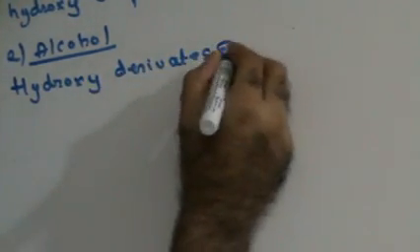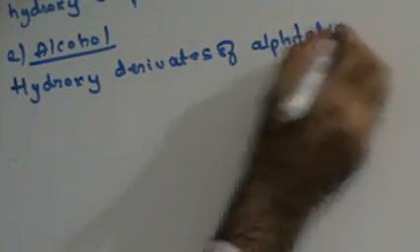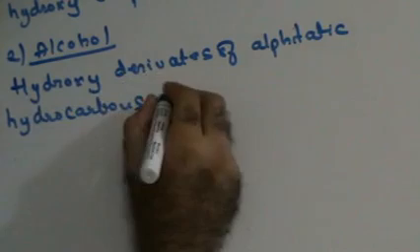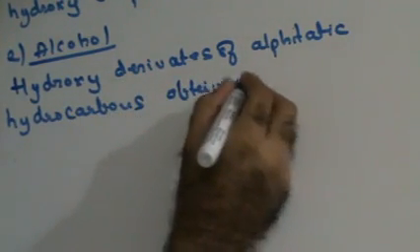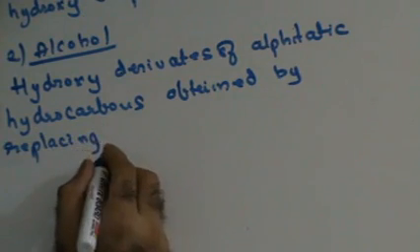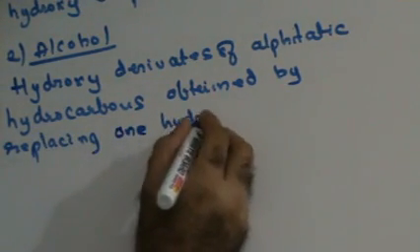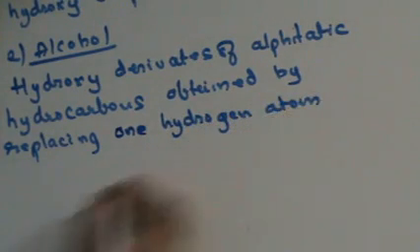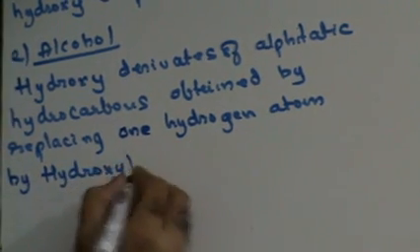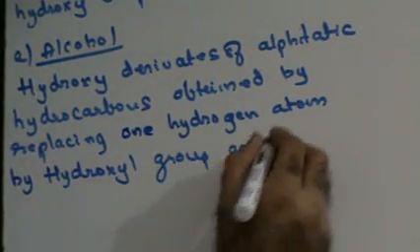Right? What are alcohols? They are hydroxy derivatives of aliphatic hydrocarbons obtained by replacing one hydrogen atom by a hydroxyl group are known as alcohols.